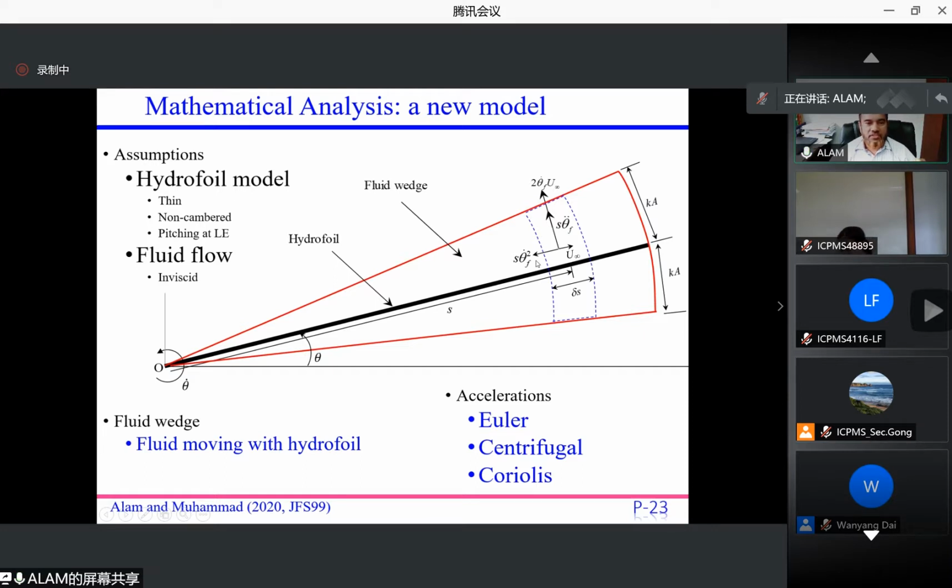As such, we have three kinds of acceleration of this fluid: Euler acceleration, centrifugal acceleration, and Coriolis acceleration. The Euler and Coriolis accelerations are connected to the torque or power, and the centrifugal acceleration is connected to the thrust.